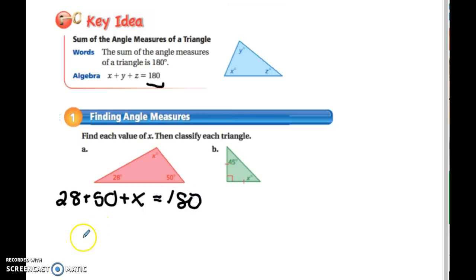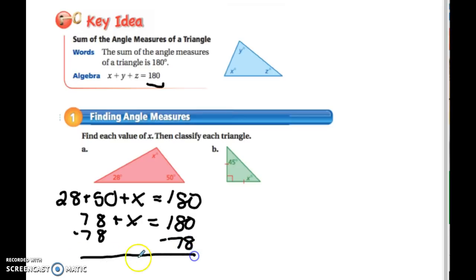Combine your like terms first. 28 plus 50 is 78. Isolate, subtract 78 on both sides. We find that x equals 102. So this missing angle here is 102 degrees.